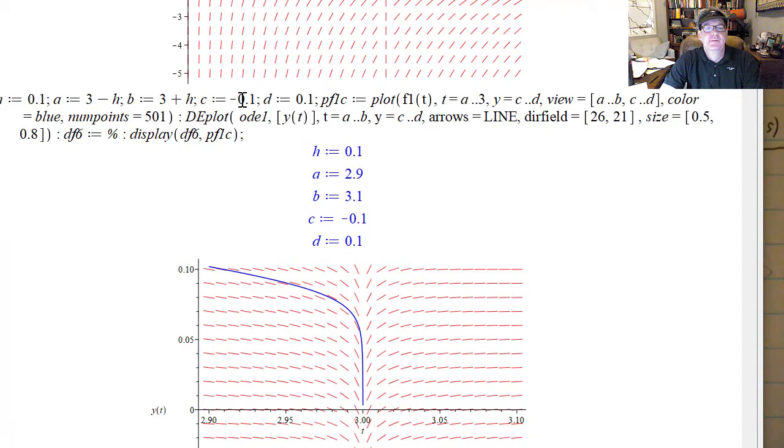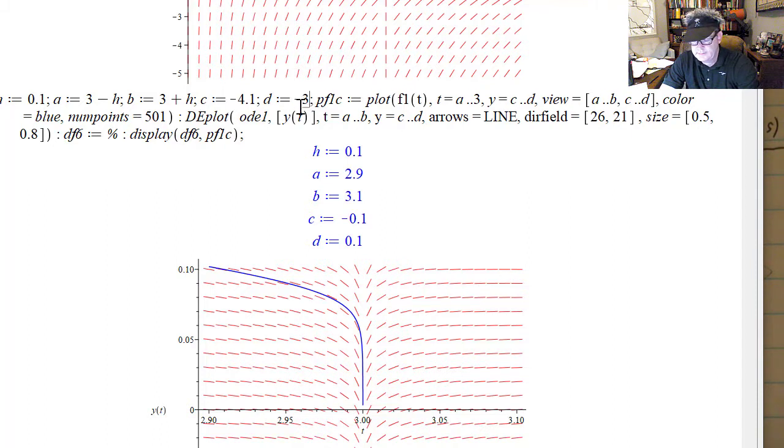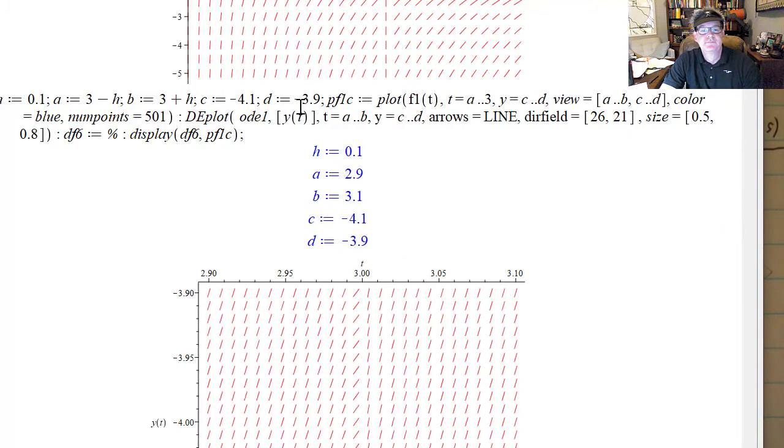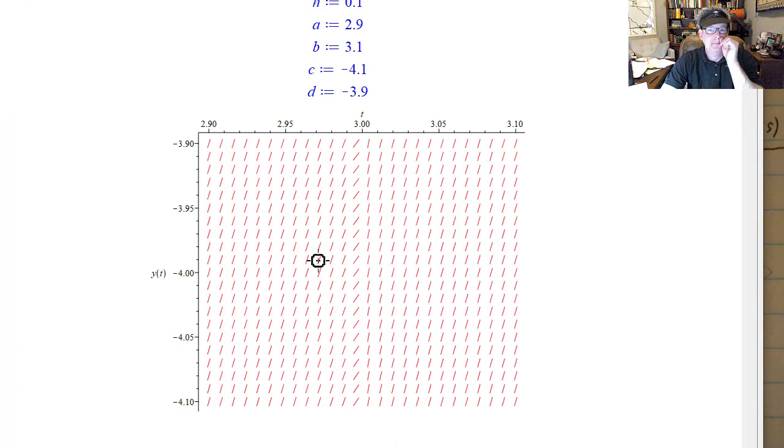So if I go from, say, negative 4.1 to negative 3.9. Well, we kind of lost it, which is good.